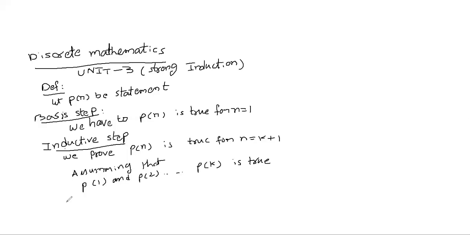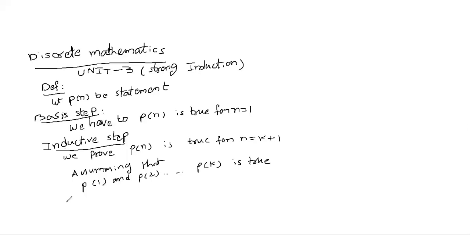If you assume k and prove k plus 1, that is mathematical induction. If proving k plus 1 depends not only on k but also on previous steps P of 1, P of 2 and so on, then it is called strong induction.